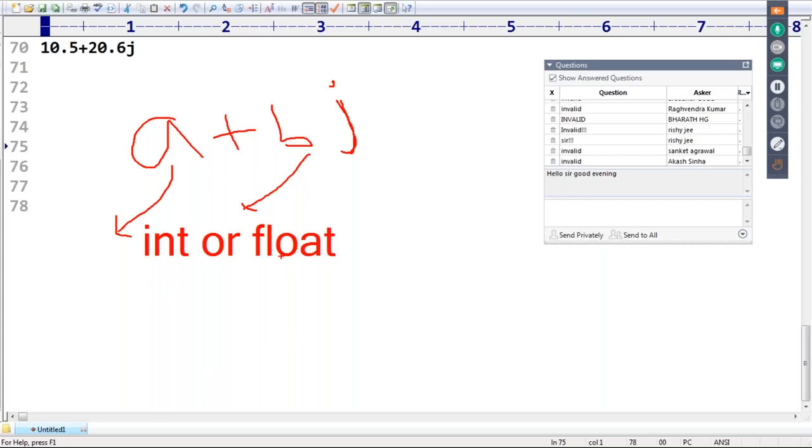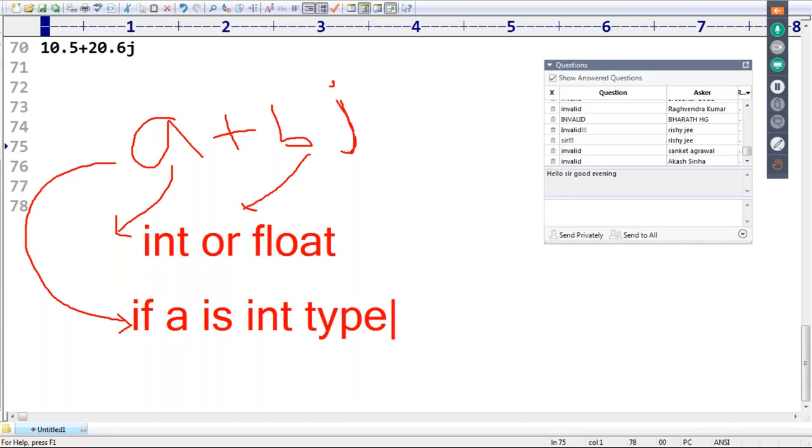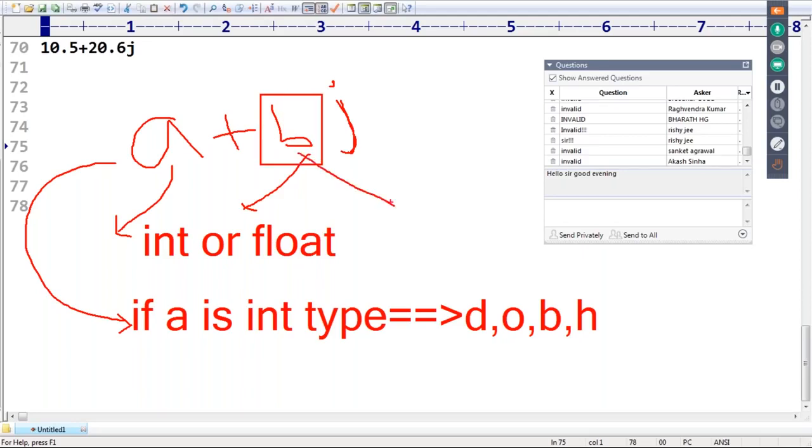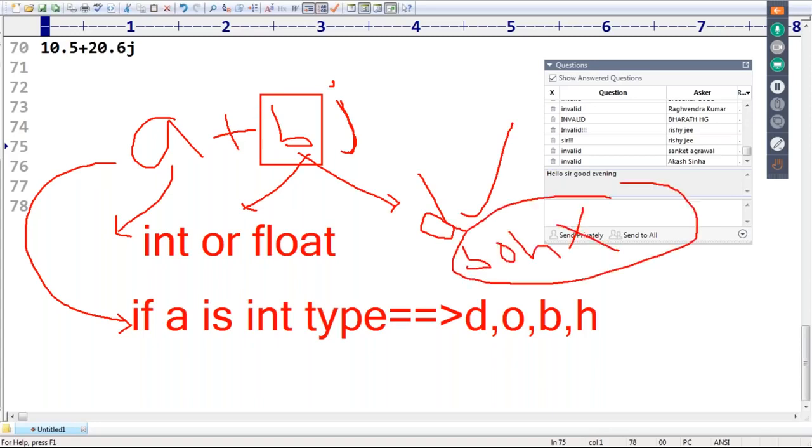If a is int type, then you can use decimal or octal or binary or hexadecimal. If b, whether it is int type or float type, the only allowed style is always decimal. If you try to use binary, octal, hexadecimal, it is invalid and you will get a syntax error by default.